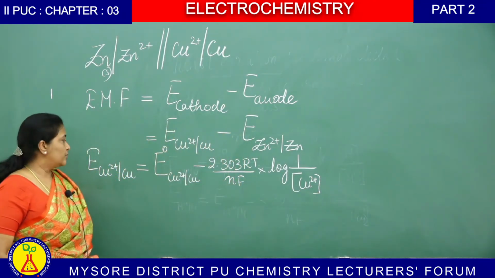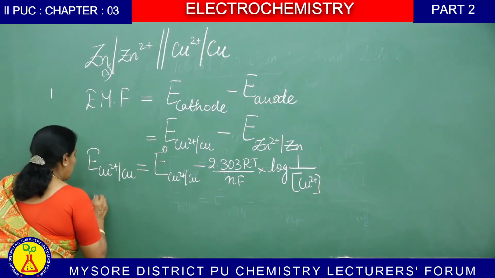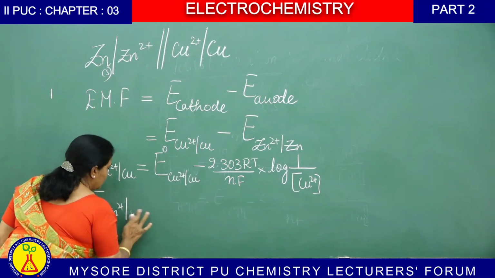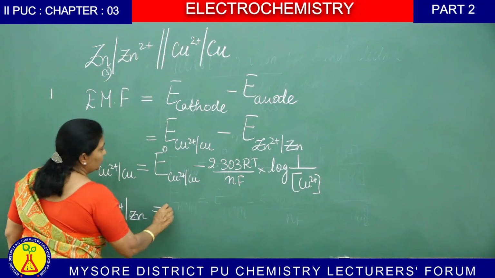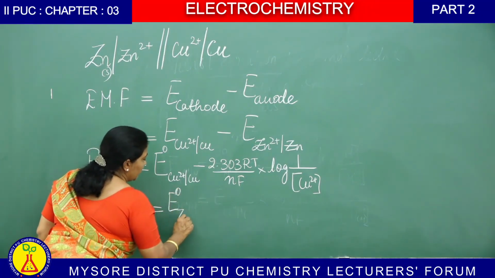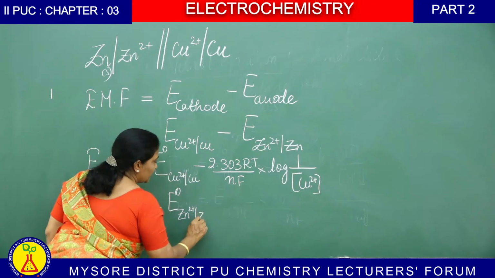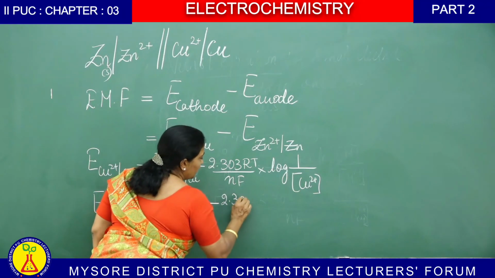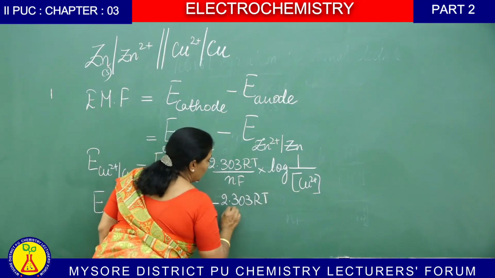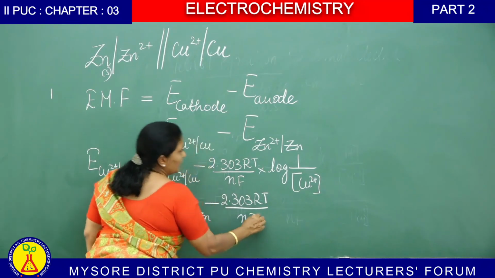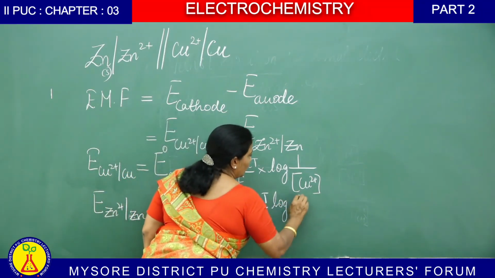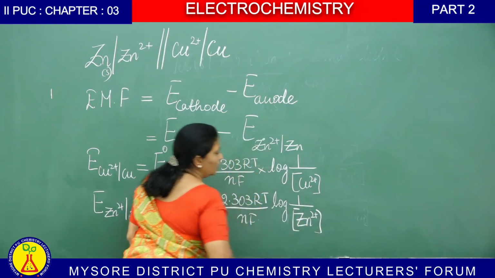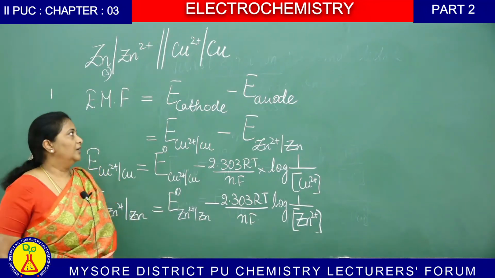Similarly, E of zinc electrode will be equal to E naught of zinc electrode, which is the standard reduction potential of the zinc electrode, minus 2.303 RT by nF into log of 1 by the Zn2+ ion concentration of that particular Daniell cell.